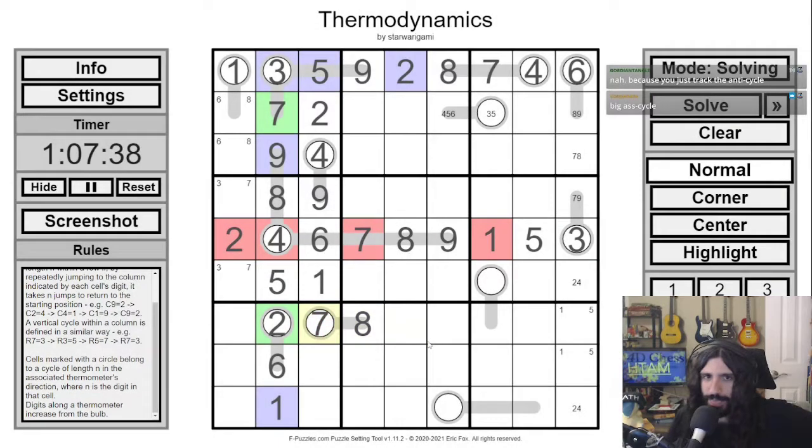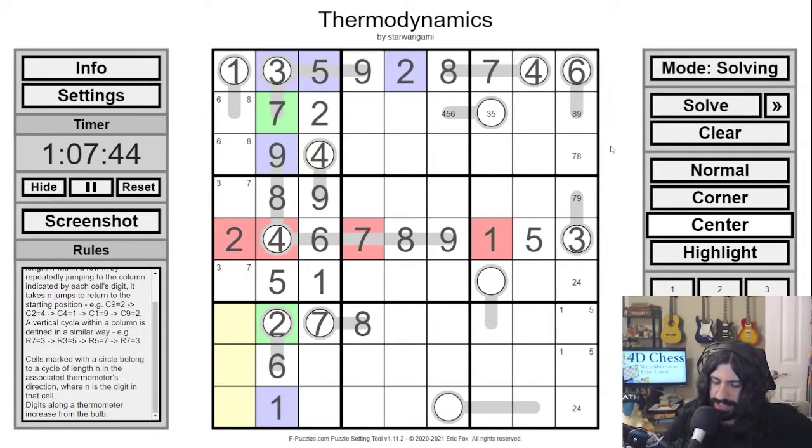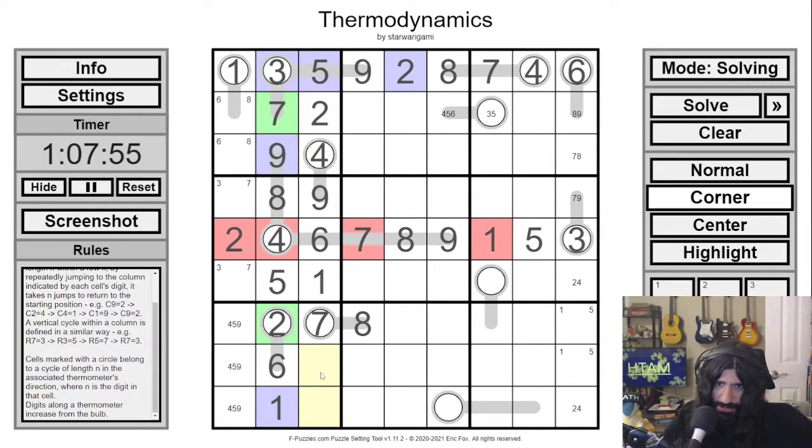Okay. So we have the 1, 2, 6, 8, 3, 7, which means that here is the 5, 9, 4. Which means that this is a pair, which we also could have determined from this. Anyway.